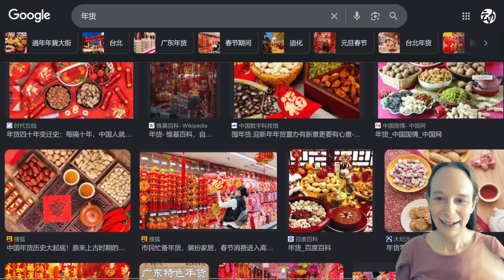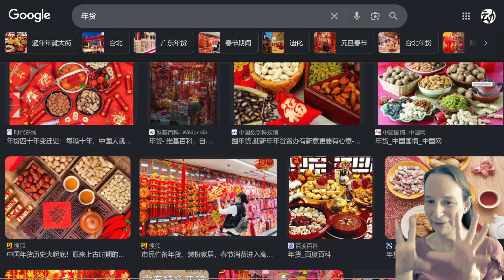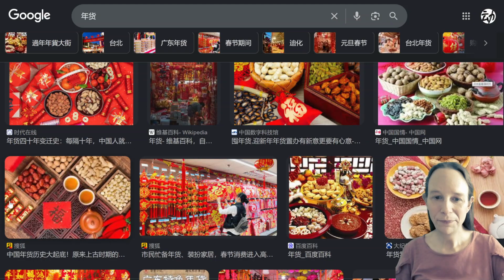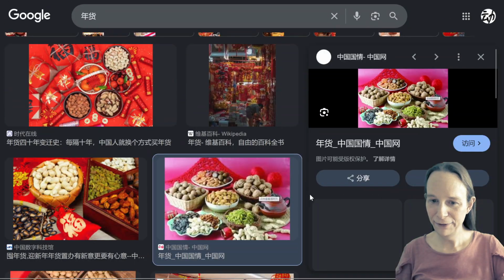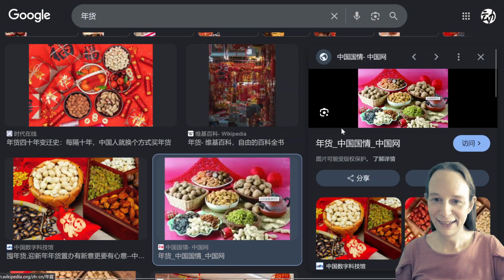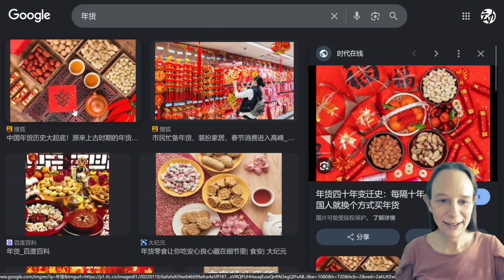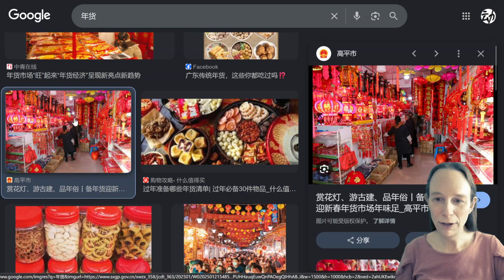It's this kind of stuff you use for celebrating the New Year. So often it refers to food, like nuts or whatever. But it's also this sort of paraphernalia as well. So there are different types of 年货.